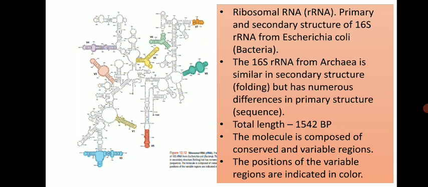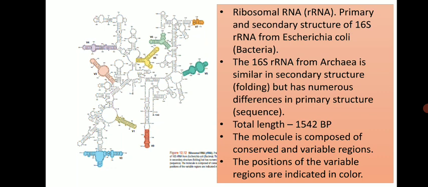and the ribosomal RNA molecule is a very complex structure. It comprises almost 1542 base pairs in length, and this molecule is large enough, and sufficient, to sequence. You can see the colored regions are variable regions, and these variable regions are important as far as microbial taxonomy is concerned.